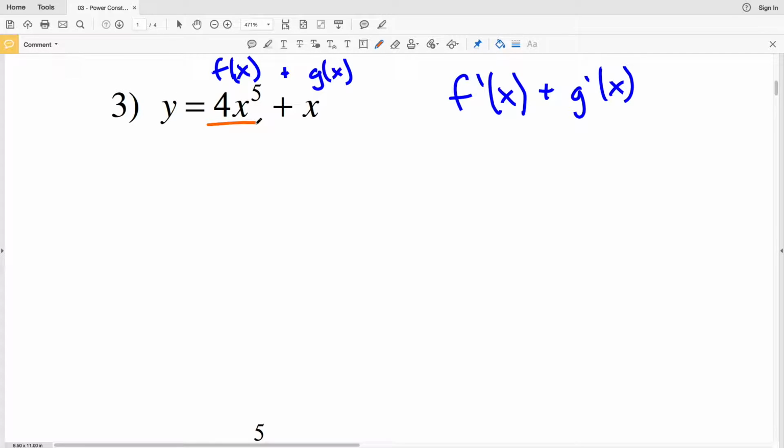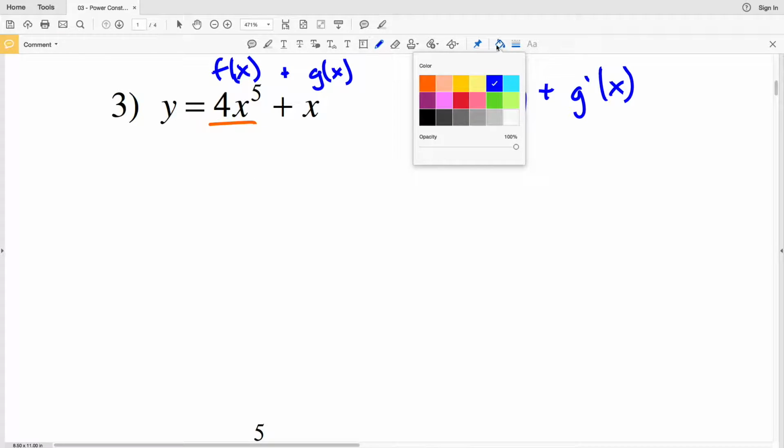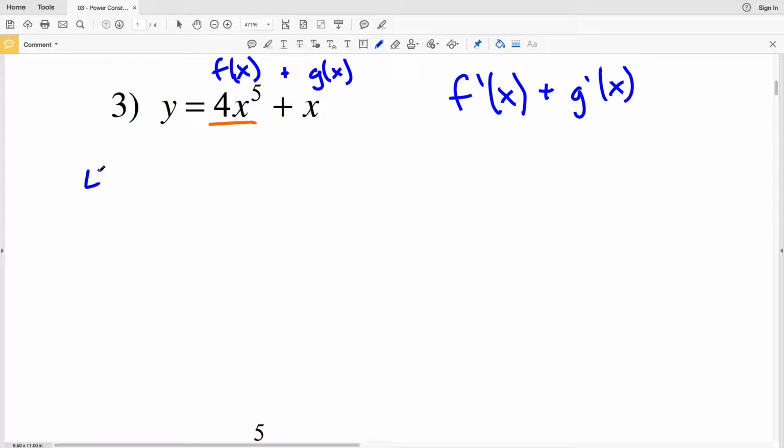So looking at this first term, 4 times x to the 5th, we're going to need to use the constant multiple rule, and we're going to need to use the power rule. So we're going to have 4 times the derivative with respect to x of x to the 5th plus, there's no constant in this one, so it's just the derivative with respect to x of x.